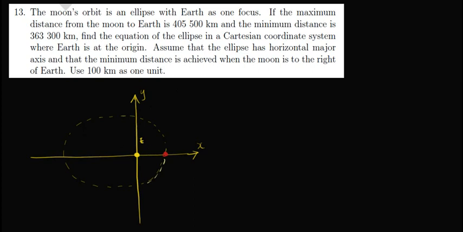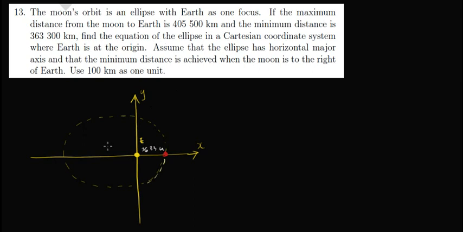That is 3,633 units. And then the maximum distance from the moon to Earth is 405,500 kilometers. So we're going to use 100 kilometers as 1 unit.